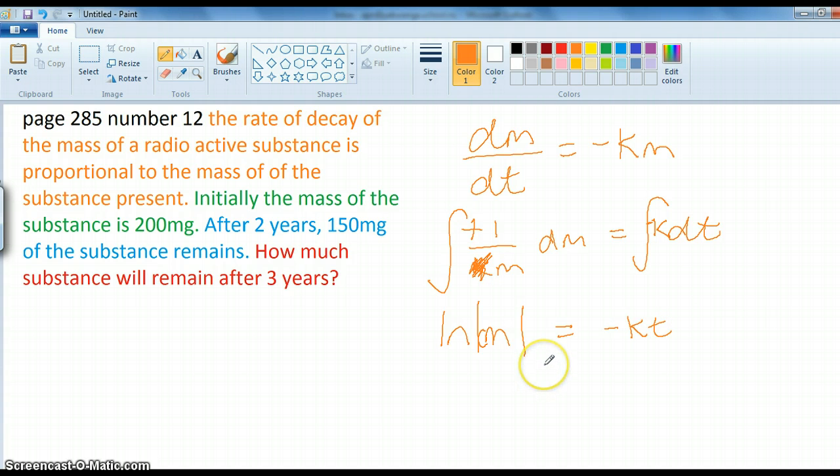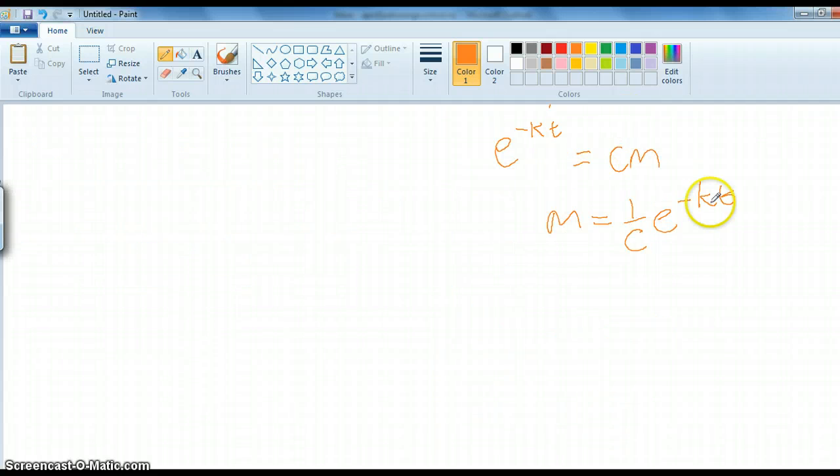So now we can see that e to the negative kt equals Cm. So m equals that, and we substitute in 1 over c for a. Let's change the name for convenience.